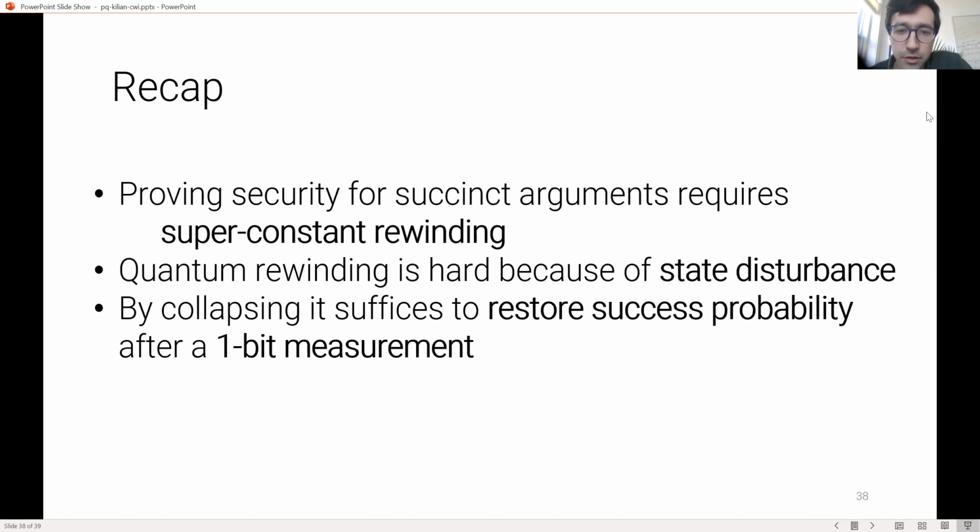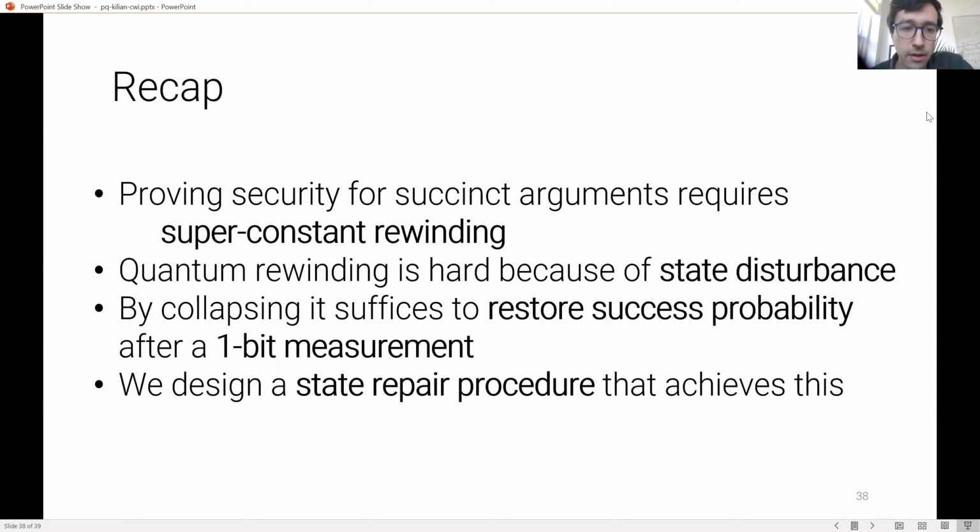By collapsing, it suffices to restore the success probability of the state after applying a 1-bit measurement. This was the argument that the measurement you actually want to make is indistinguishable from a 1-bit measurement, so you can just think about 1-bit measurements. And finally, we design a state repair procedure that achieves this guarantee.